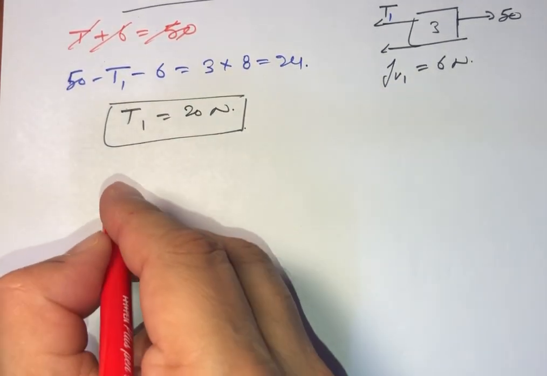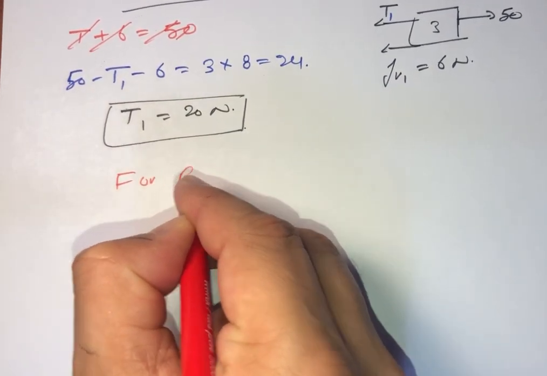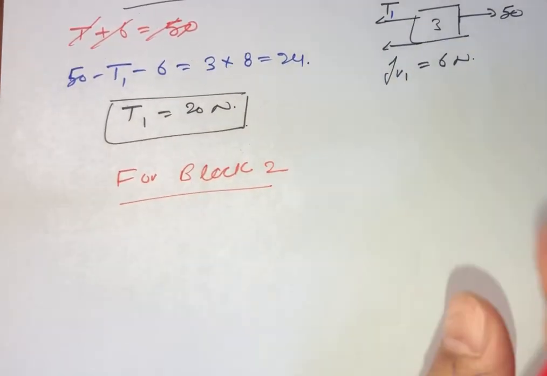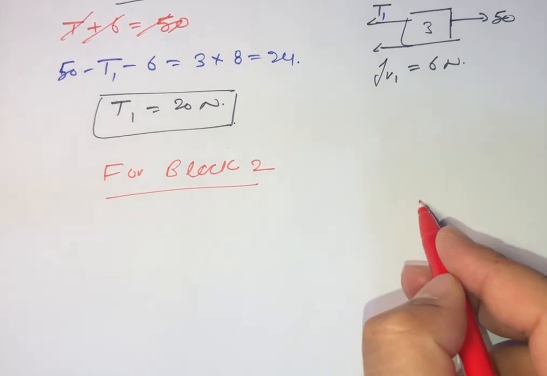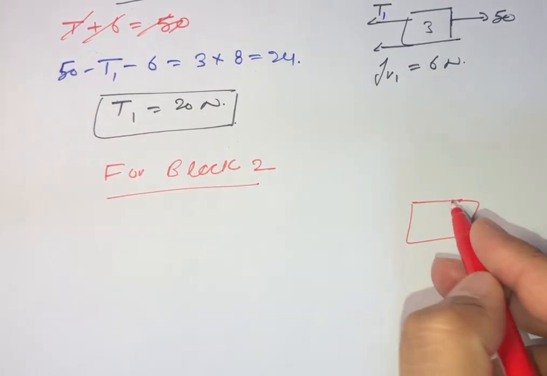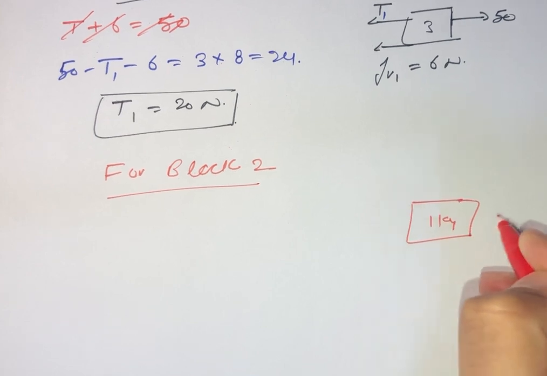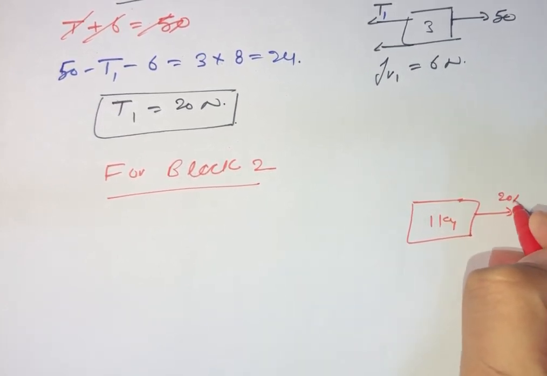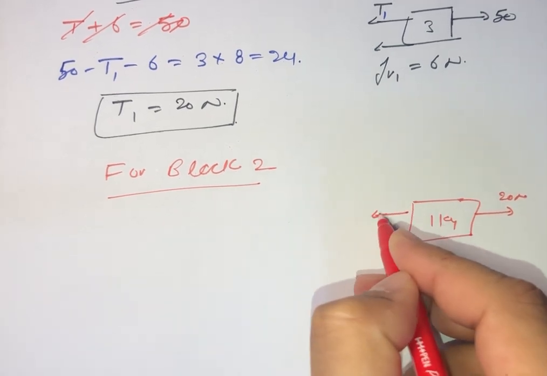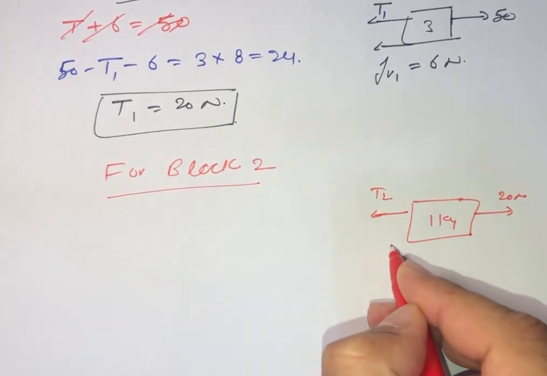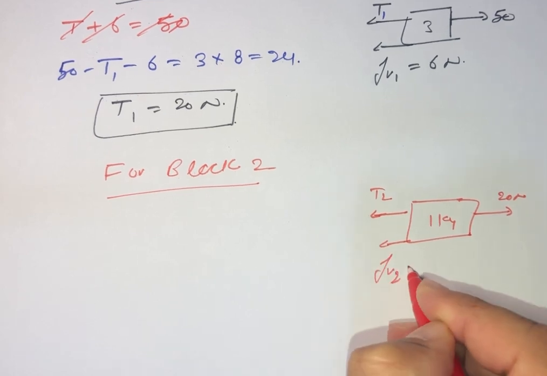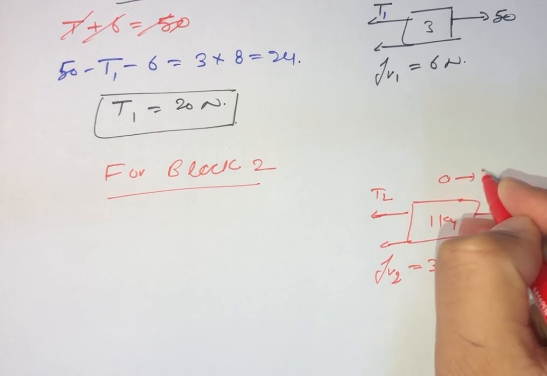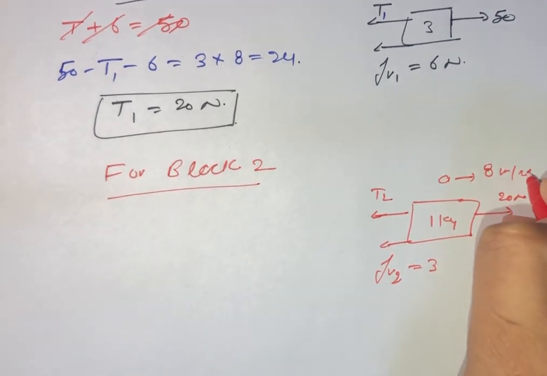Now let us consider block 2. This is block 2 whose mass is 1 kg, and here there will be a force of 20 Newton acting, and this will be our T2, and we have here Fr2 whose value is 3, and acceleration here also is 8 meter per second square.